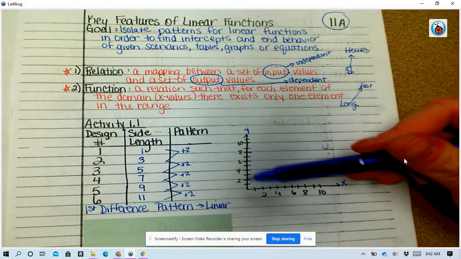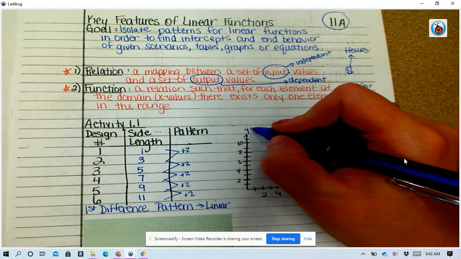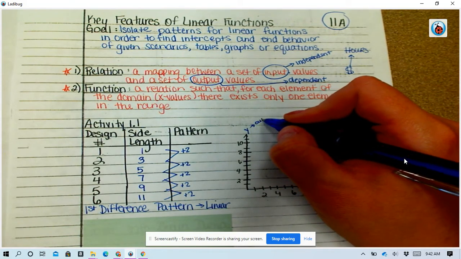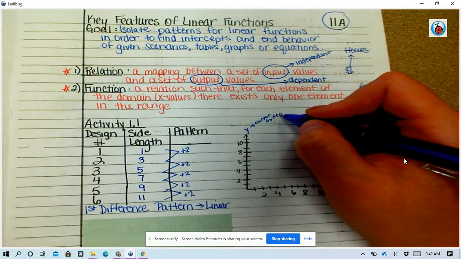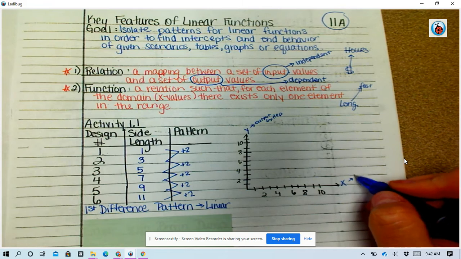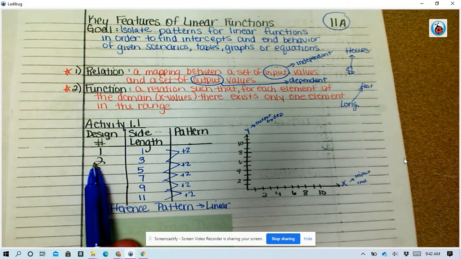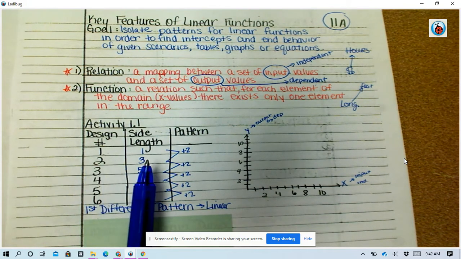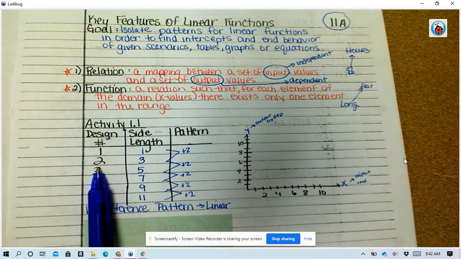So let's think about that in this scenario. We just said that the y is the output, which is also the dependent variable, and you don't have to label that if you don't want to. And x is the input, or the independent variable. So does the design number depend on how long the side is, or does the side length depend on the design number?